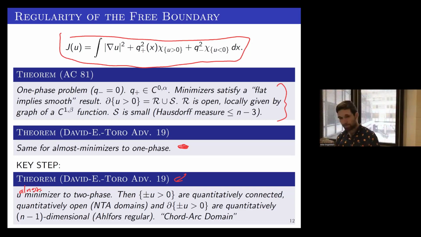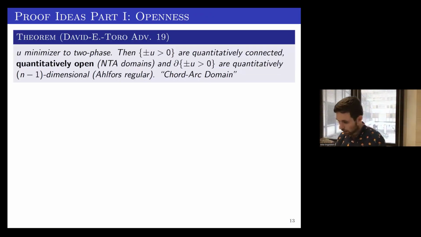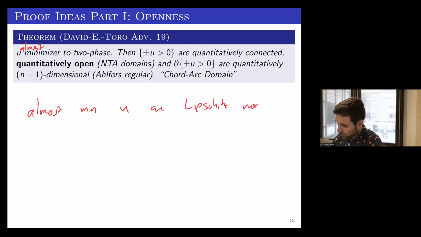Okay. So let's start with quantitatively open. The idea here is that the quantitative openness uses the fact that almost minimizers u are Lipschitz and non-degenerate.